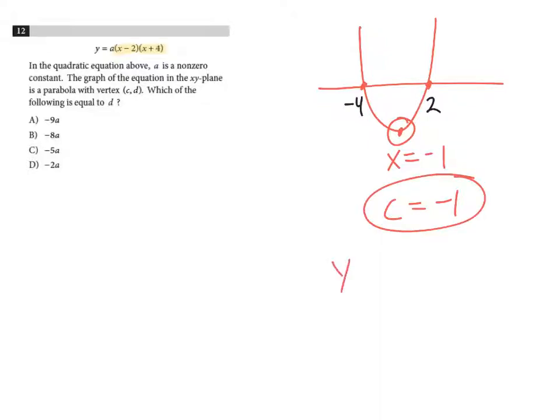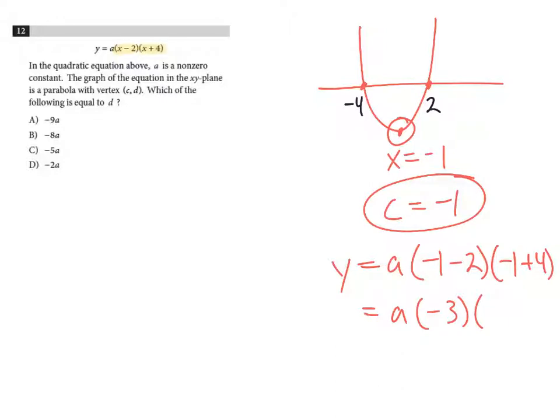So y equals a times -1 minus 2 and -1 plus 4. So that's going to be -1 minus 2 is -3. -1 plus 4 is +3. So that's going to be -9a. Answer A.